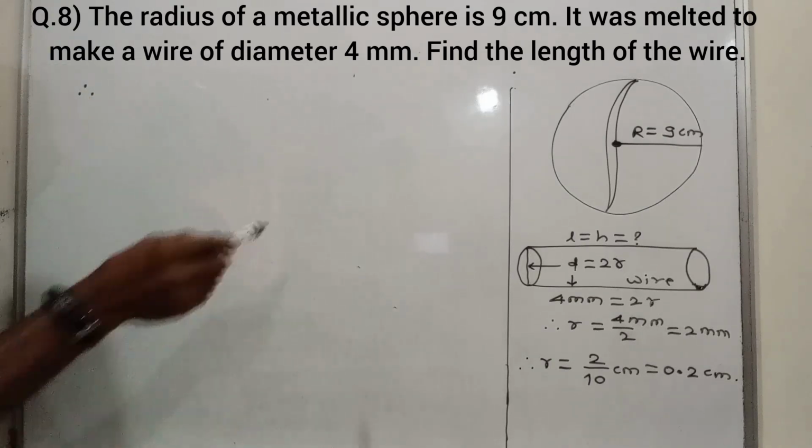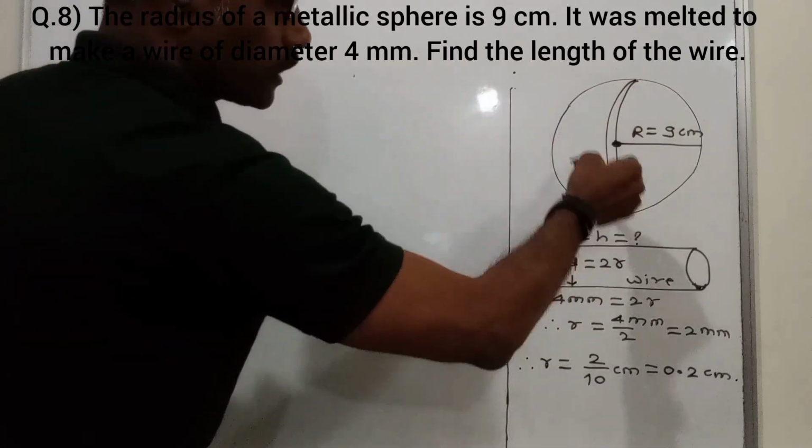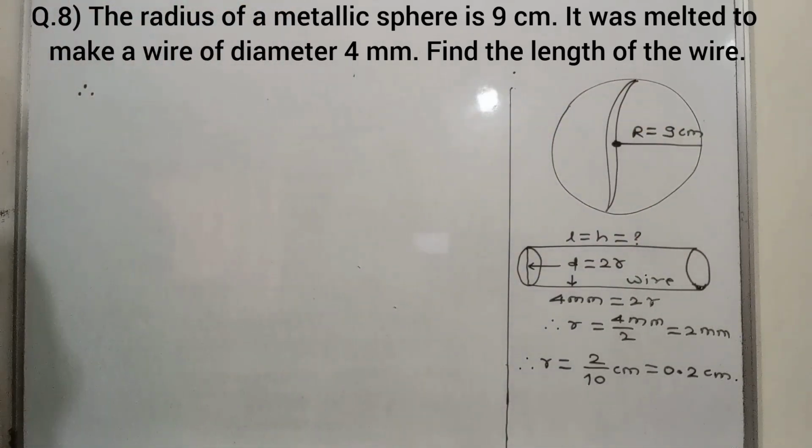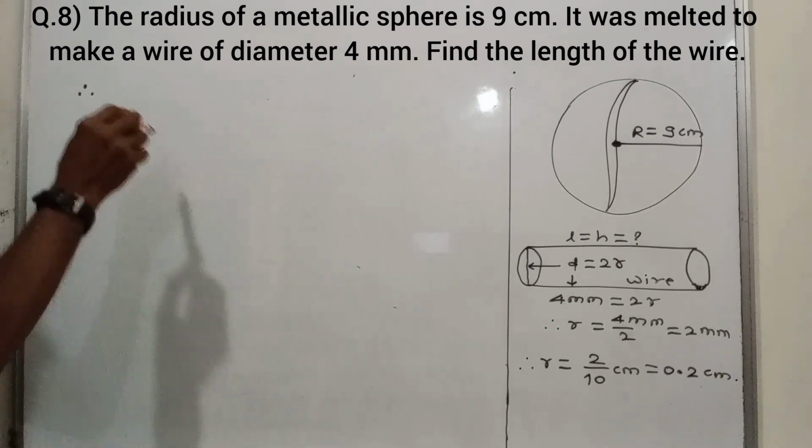Now here, this metallic sphere is melted. When we melt anything, then we find the volume of that article.